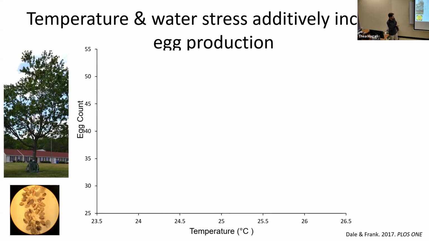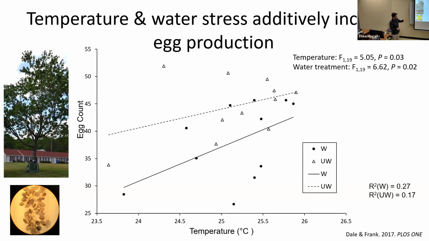So here we have again our tree canopy temperature on the x-axis, and on the y-axis is the number of eggs per female on those trees. What we see is that for every degree increase in temperature, an adult female is producing about 14 more eggs per individual. And there's an additive effect of water stress.